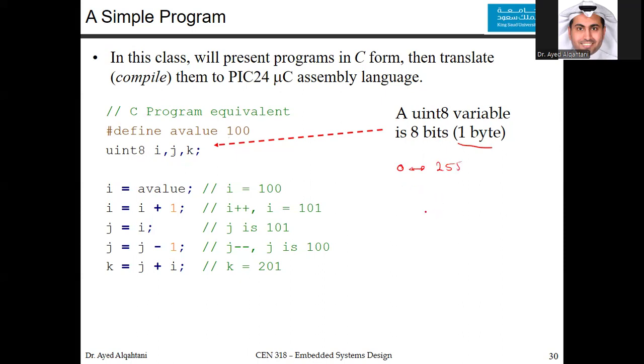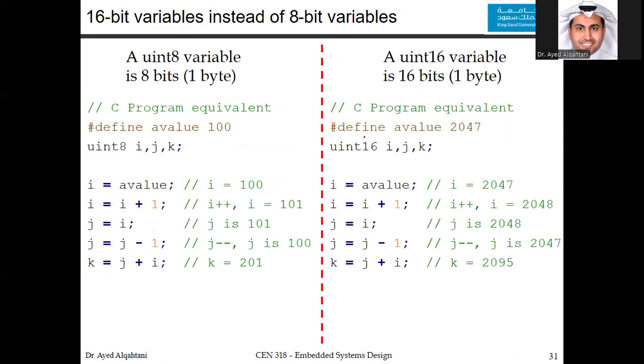Let's say you have a value that is more than 255 and you want to store it in the variable. What you will do is define it as a 16-bit type. So you will have unsigned integer 16, and you have i, j, and k. Notice here that the value is 100 and you can fit it in i, j, and k.